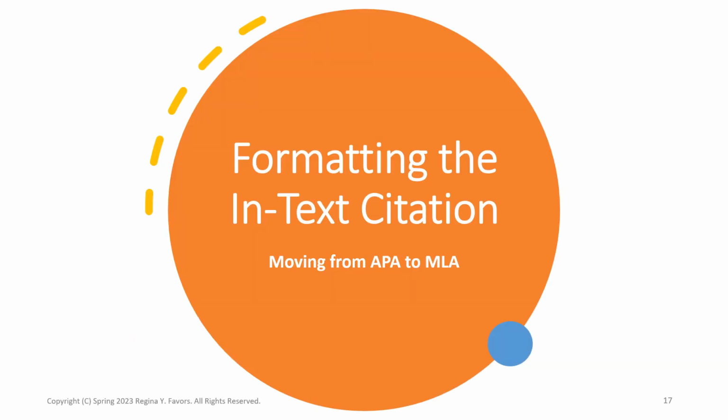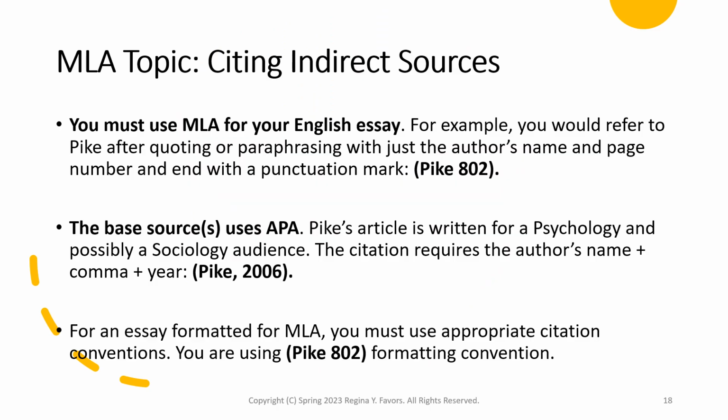Formatting the in-text citation, moving from APA to MLA. You may have non-English source materials that you are integrating into your paper, and there's heavy citation with those source materials, unlike what you might see in English.